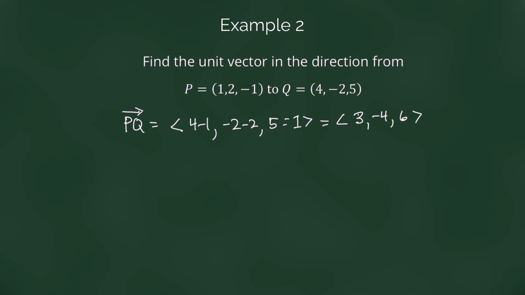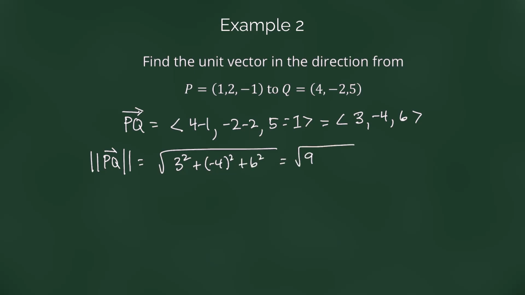The magnitude of PQ is going to be the square root of 3 squared plus negative 4 squared plus 6 squared. So that's the square root of 9 plus 16 plus 36, which is, doing math in my head, 36 plus 25, 46, 56, 61. Square root of 61. That does not reduce at all.